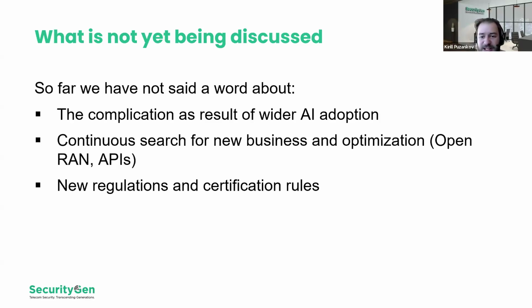So, speaking about Open RAN and the search for new businesses, and the APIs. Open RAN is a nice way of building telco networks that lets different parts of the system talk to each other more freely.